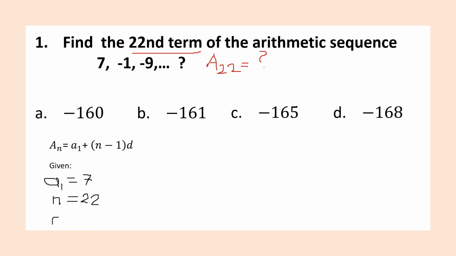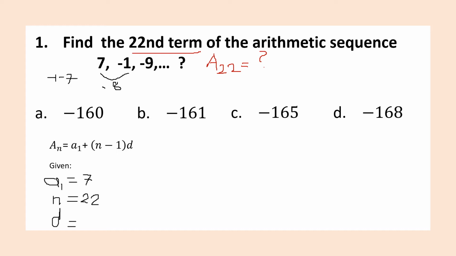Then d, yung common difference niya ay makukuha natin sa pagsusubtract ng mga terms na binigay. So, isubtract natin -1, yung second term, minus the first term, that is -1 minus 7. So, ang sagot ay -8.